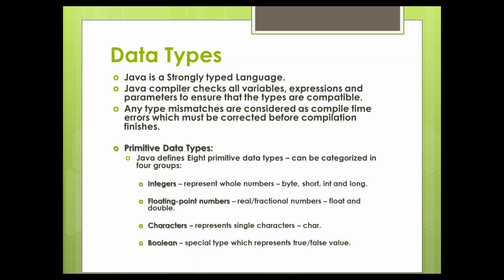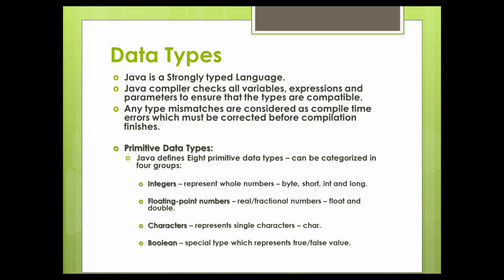So Java is said to be a strongly typed language, in the sense that whatever variables you declare, whatever expressions you write, or whatever parameters you pass to a method or a function, we will see what those methods and functions are, all of them will be evaluated, and tested or verified for their compatibilities.